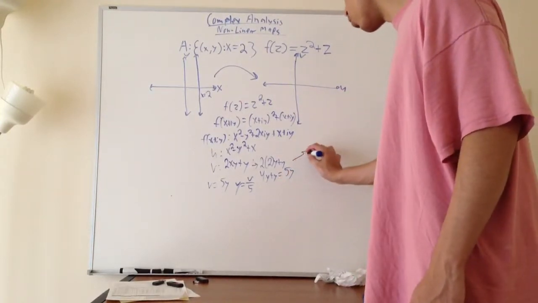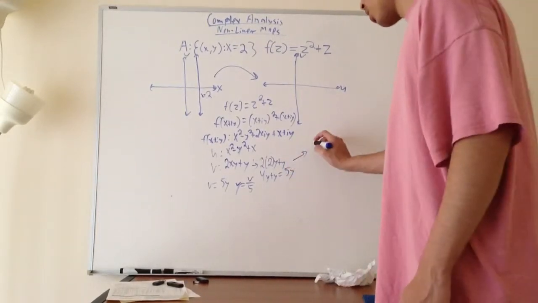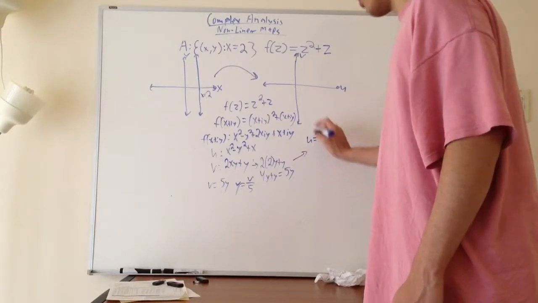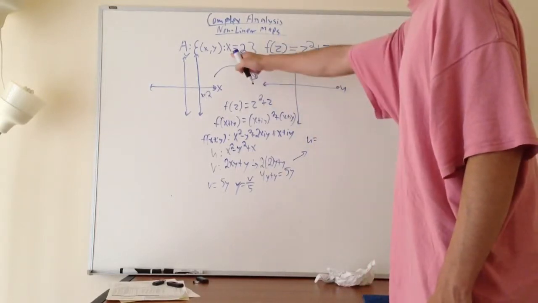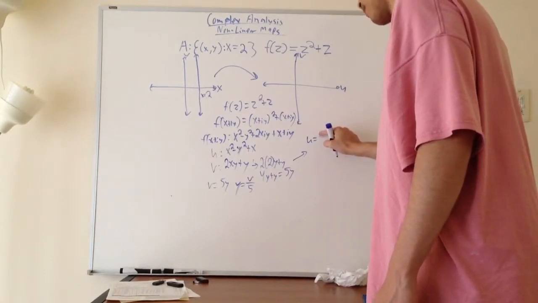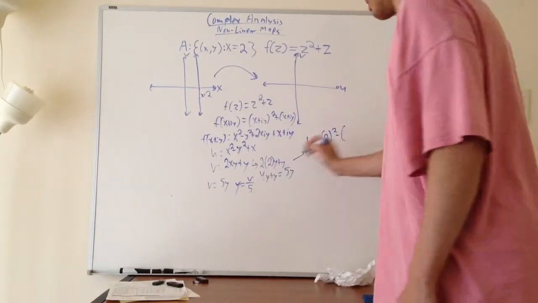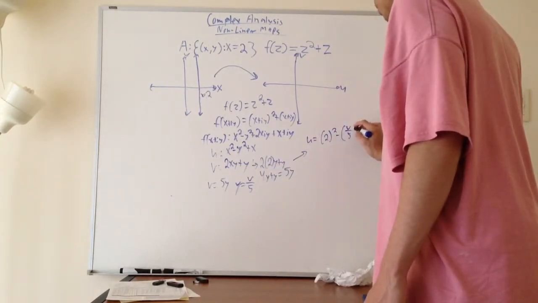So now I'm going to work over here a little bit. Now we're going to plug this into our u. So we're going to have u is equal to, and in addition to that, we can now plug in our 2 for the x. So we can have 2 squared minus y squared. Remember our y is v over 5, so v over 5 squared.